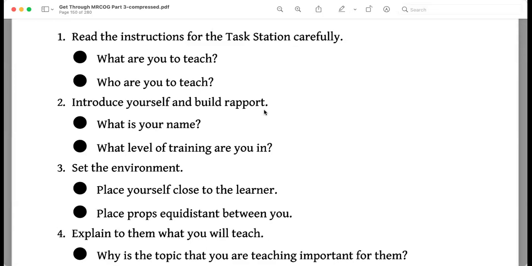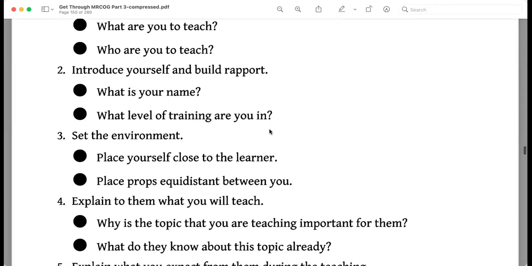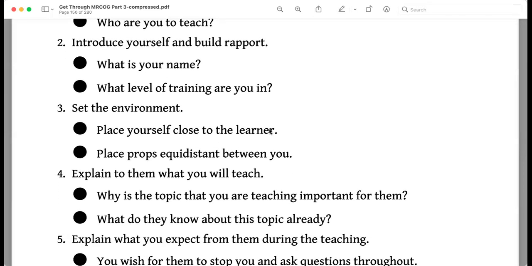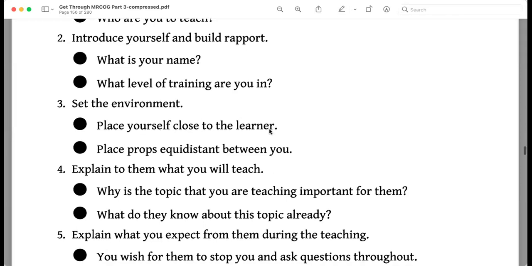Some other station, for example, he wants you to explain medical management of postpartum hemorrhage or surgical management of postpartum hemorrhage. He doesn't want you to go through the whole postpartum hemorrhage protocol. So just be careful of what is needed exactly, in order to have good time management and to be to the point.